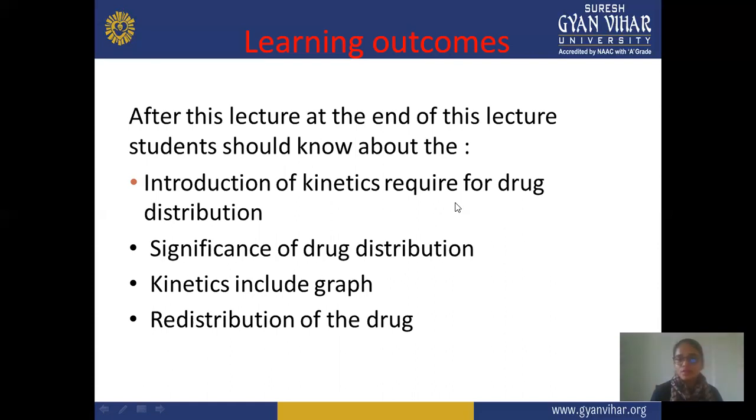In the significance of drug distribution, we see the absorption part, solubility part, and distribution part, and how the significance is responsible for protein binding as well as the distribution process. And in kinetics, including graphs, we see 3 types of graph: the direct plot, scatchard plot, and double reciprocal plot. So you know the difference between these 3 plots. With the help of these 3 plots, you can calculate the kinetics of this binding.